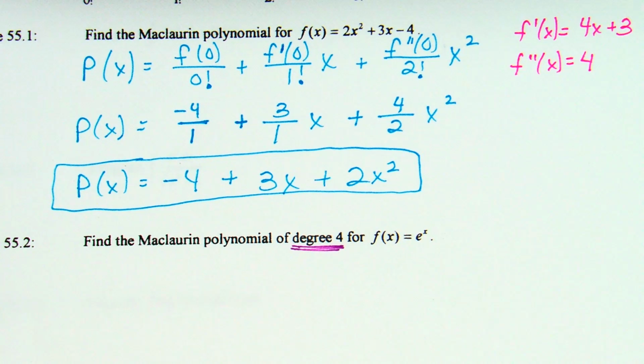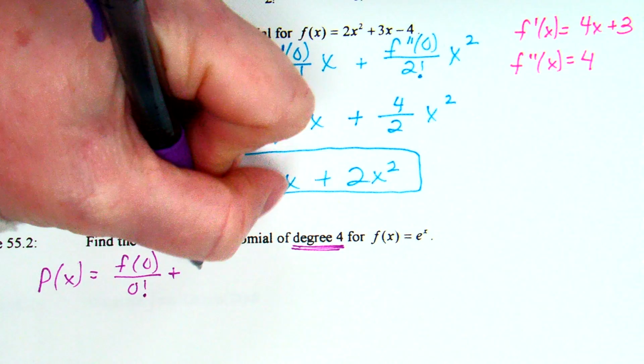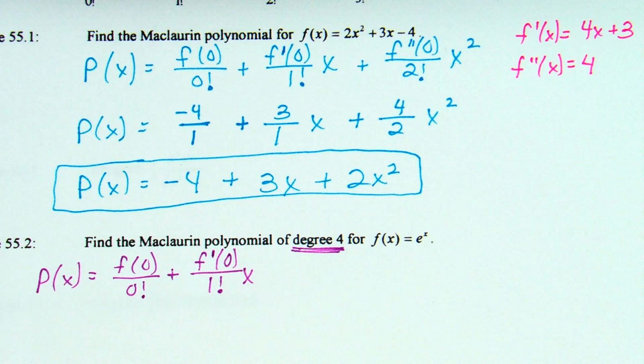So p of x equals, to find the constant, it's f of 0 divided by 0 factorial. To find the first term, it's f prime of 0 divided by 1 factorial times x to the first. Now we change everything to 2's on the next one, right? F double prime of 0 divided by 2 factorial times x to the second.